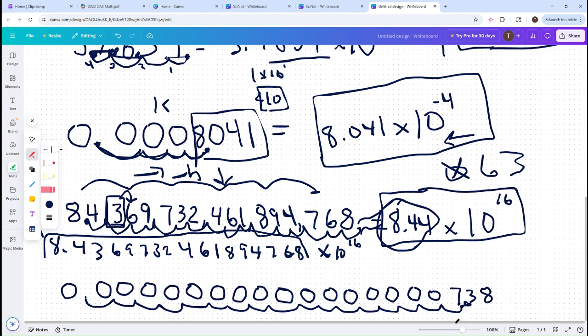After 17 moves of the decimal, that helped. We finally got a number between 1 and 10. We actually got 7.38. All right, bigger than 1, smaller than 10.